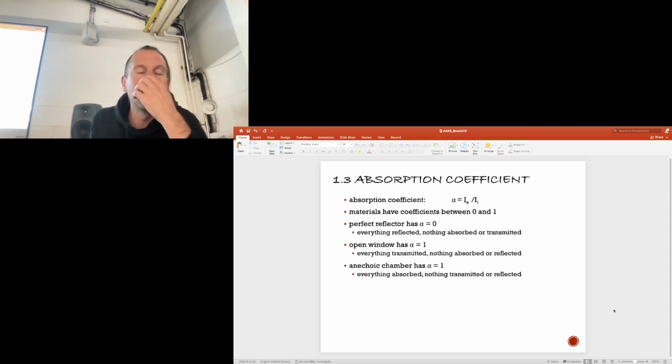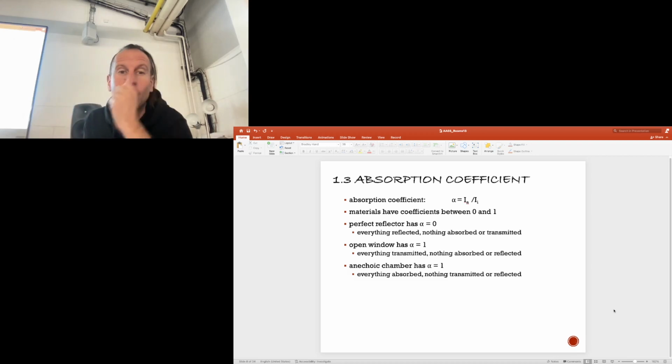Some of the more elaborate room mode calculators or room simulators will also ask for them, and it's also just useful to be able to compare materials in terms of their absorption. What's missing? If I tell you this carpet has an absorption coefficient of 0.2, what is potentially missing about this statement?